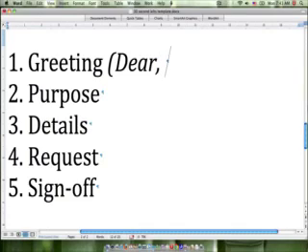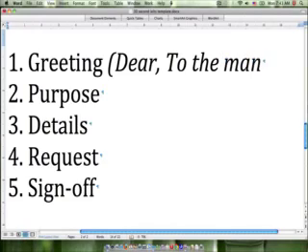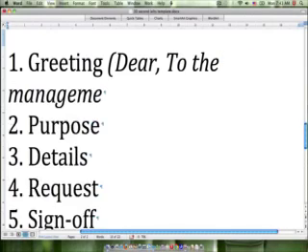Now, in the event that we need to address a company and if the tone of our letter is perhaps a little bit serious or even a complaint, we would start with something like to the management of, and then whatever company.